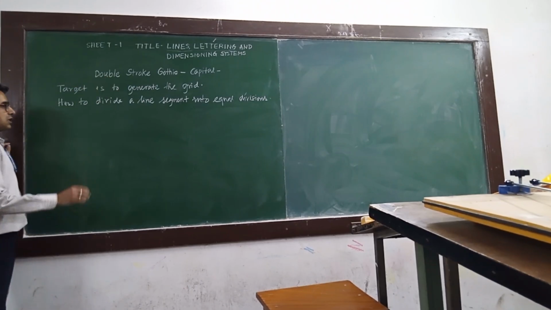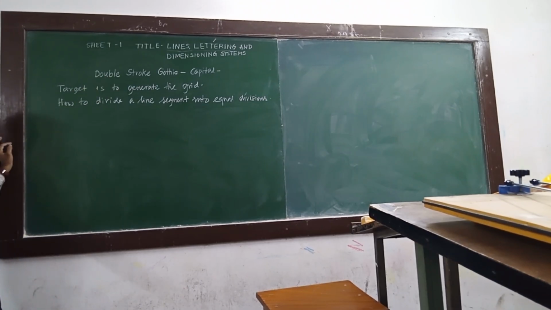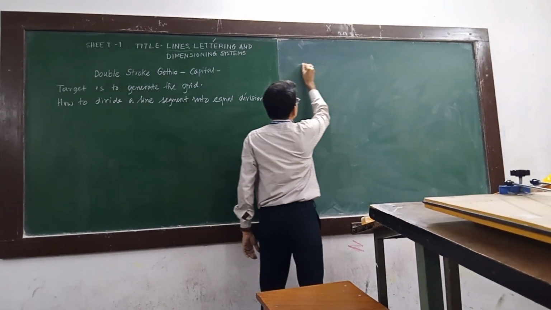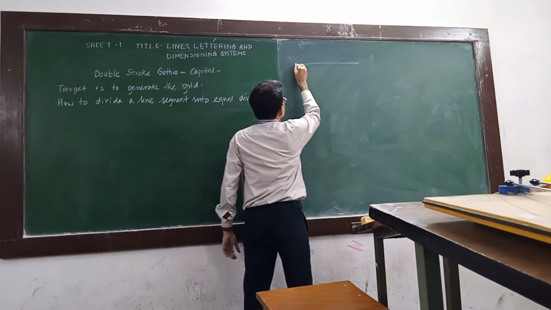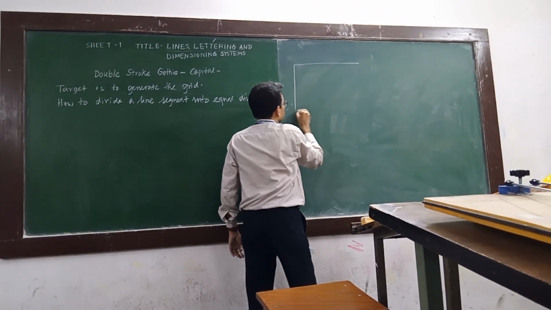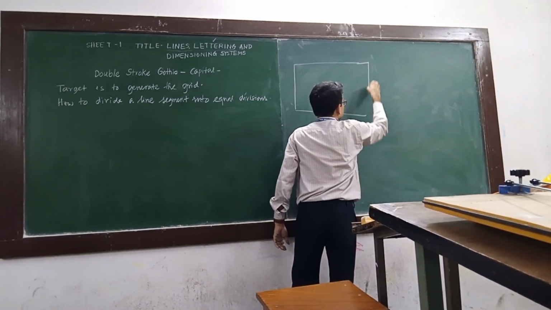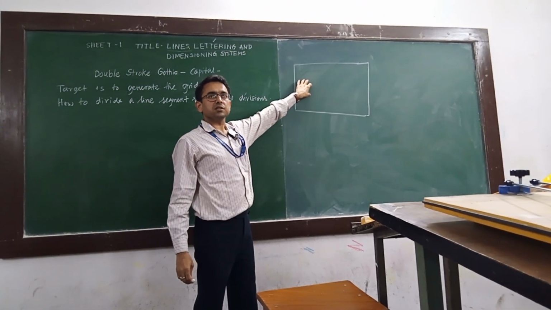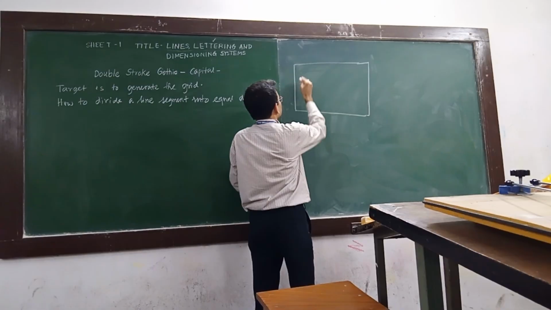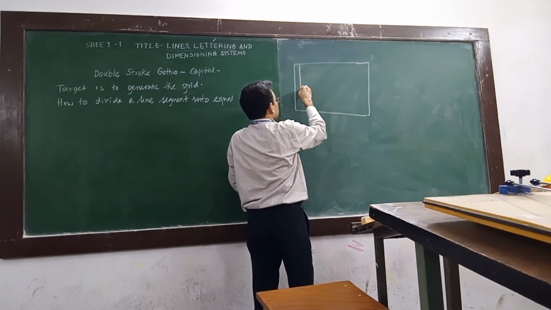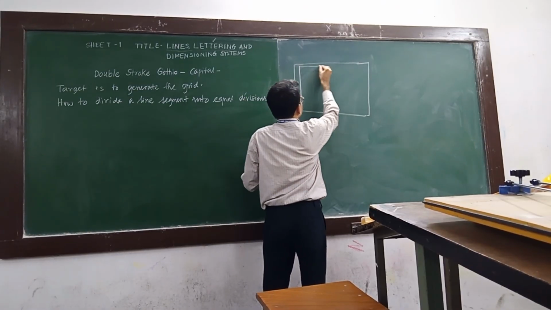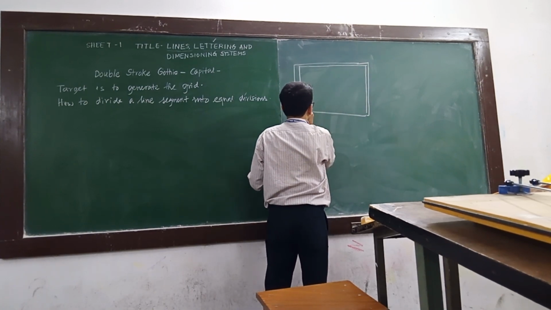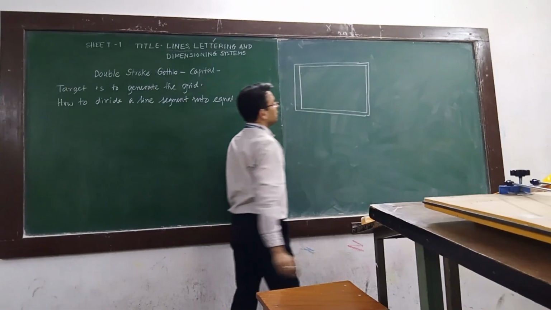Say for example, first you have to know what the target is. That is your drawing sheet. In this drawing sheet, you have got a margin.